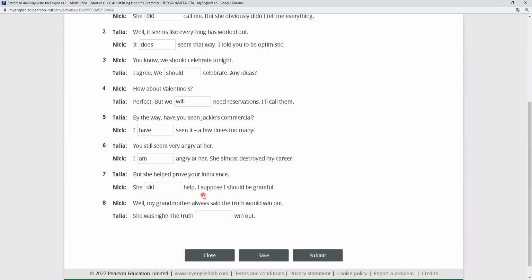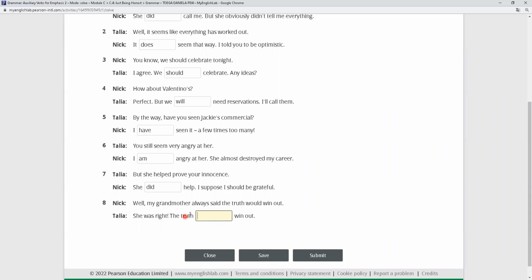I suppose I should be grateful. Well, my grandmother always said the truth would win out. She was right. The truth would. I don't think so.